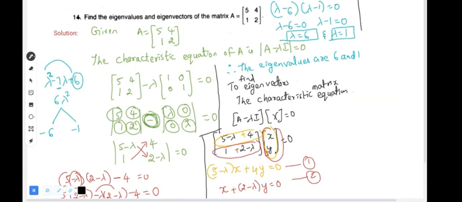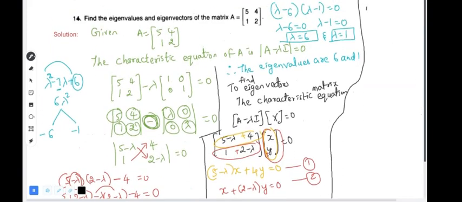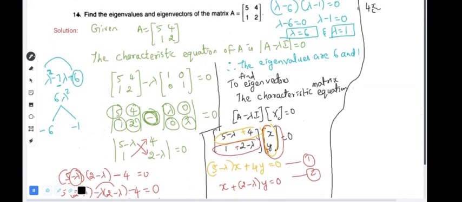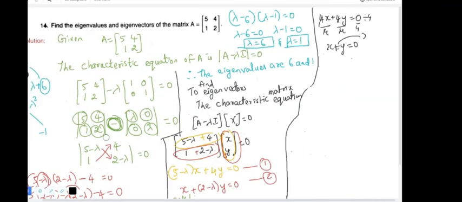Now dividing throughout by 4, we get x plus y equals 0.